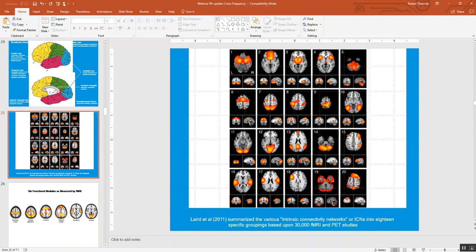Basically, resting states will predict how somebody will perform in an active task. You can see that the amount of blood flow that increases in different parts of the brain happens in a subset of clusters. These are fairly large clusters, centimeters of synchronous blood flow changes in the brain. So not the whole brain. There are actually time differences and frequency differences, cross-frequency coupling, between these hubs.